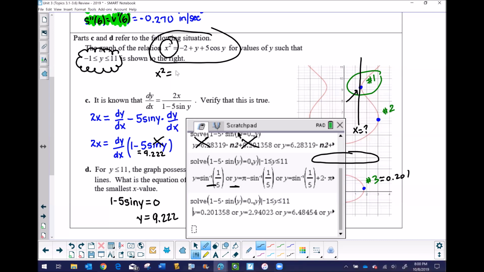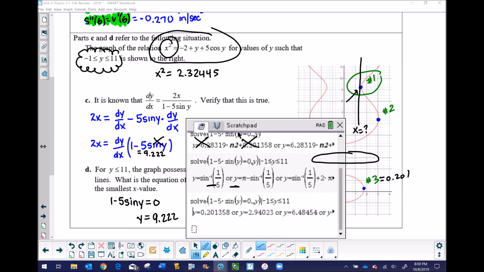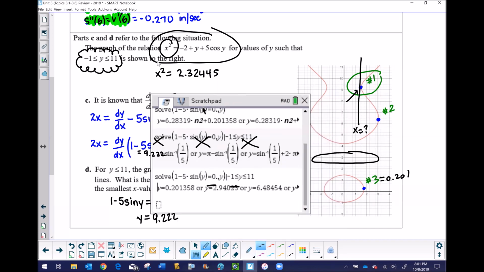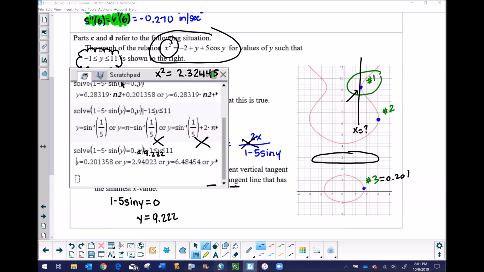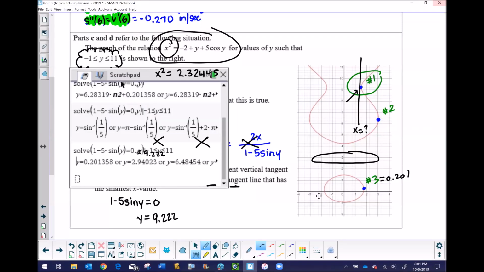I will bring it back up in a moment, but it was 2.32445. Is that what I said? We'll find out here. Oh my gosh, I've lost my calculator. Which screen is my calculator on? It's gone, guys. There it is. No, it's not there. That's the thing that I dragged over. That's a screenshot. Sorry. I'm not kidding you guys. I've absolutely lost my calculator screen.